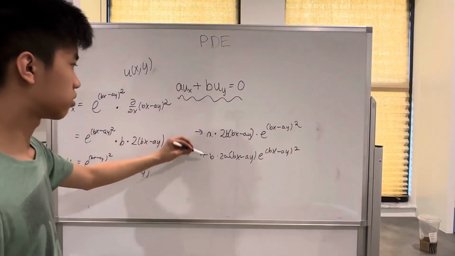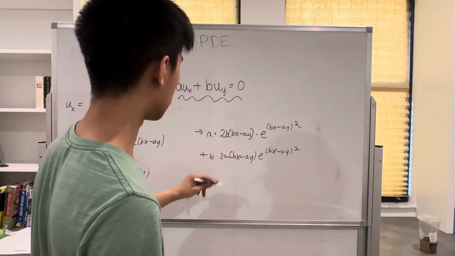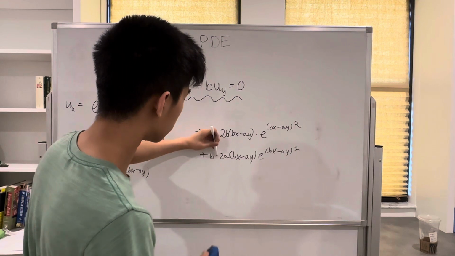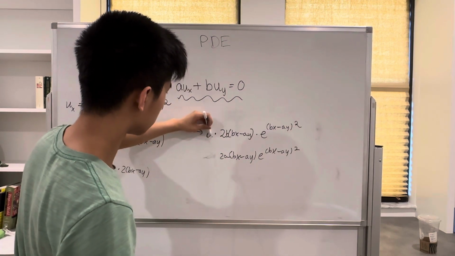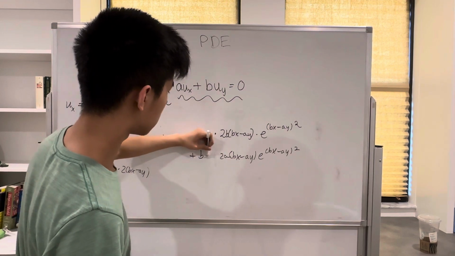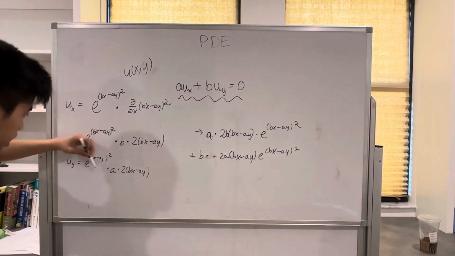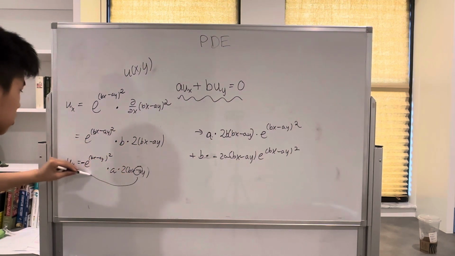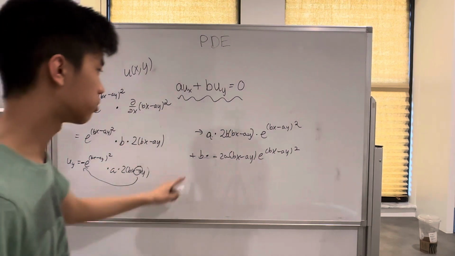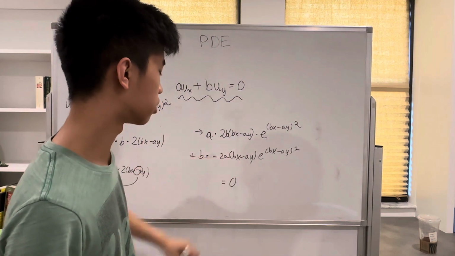Oh wait, sorry, this should be a negative. When you're chaining, there would be a negative out here, so this would be a plus b times negative. Then when you add these up, it ends up as 0.